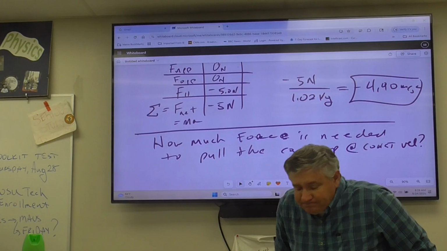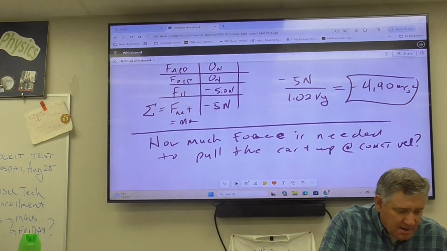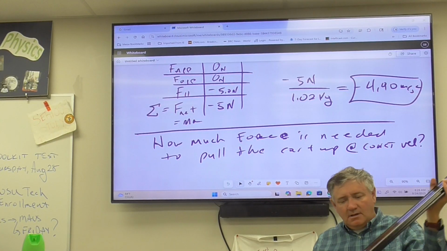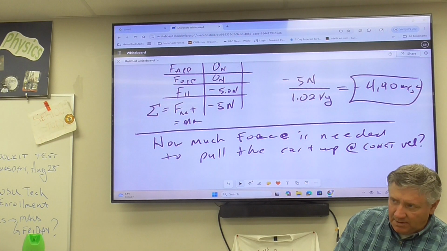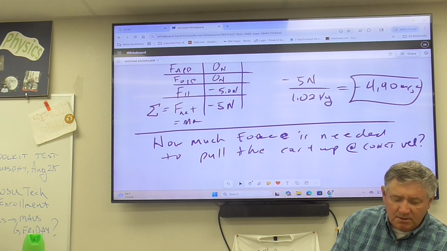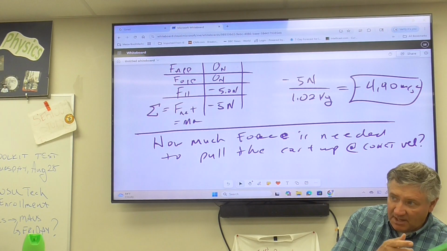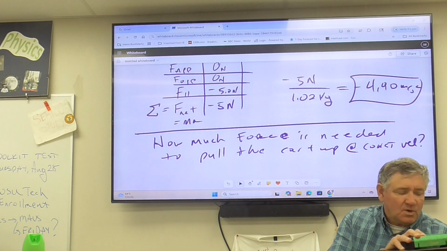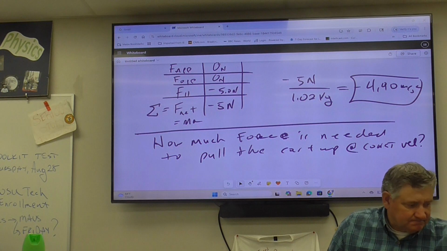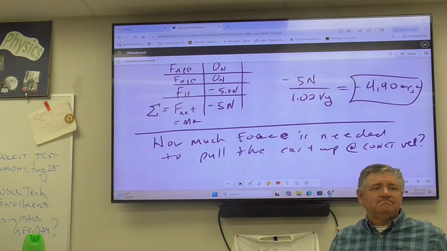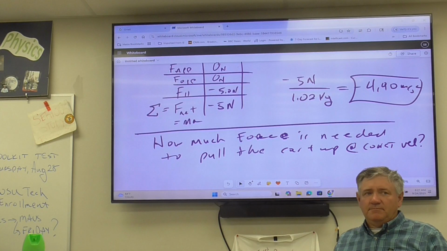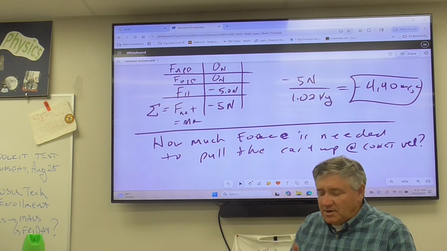So now we're going to change it. I'm still going to have the 30-degree angle. Still got my cart. But now I want the cart to go up the hill at a constant velocity. What are the two most important words in that problem? What'd you say? Constant velocity. So what is your net force going to equal? 0.